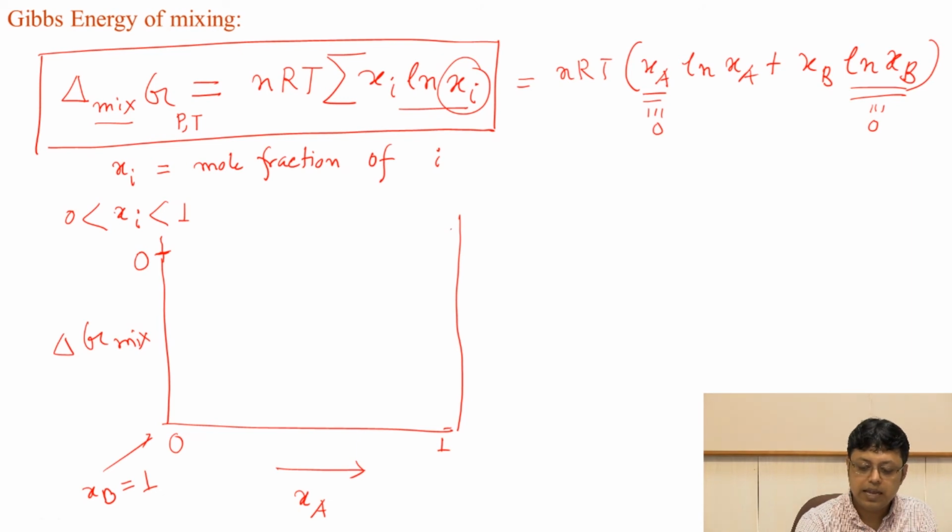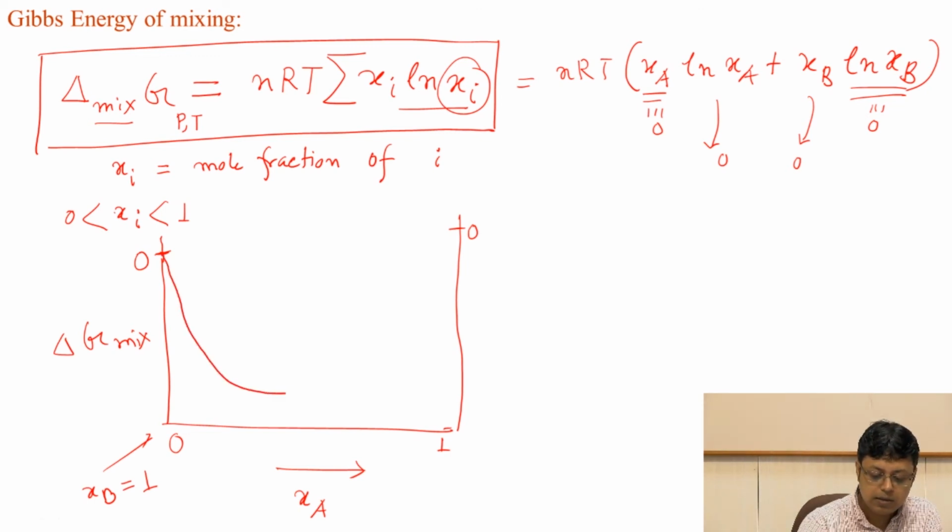Similarly, when Xa is 1, this part is 0, and at that point Xb is 0, so this term will be 0, so again delta G will be 0. So delta G will vary from 0 to 0, and in between it will have a minimum. So the curve will look qualitatively something like this.